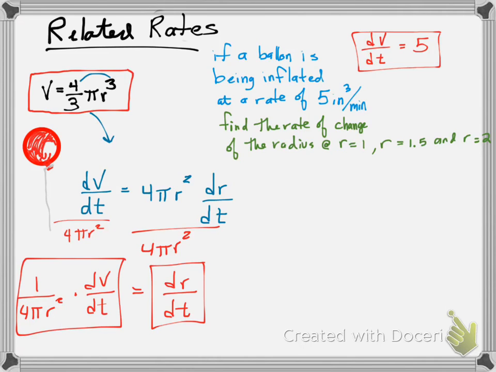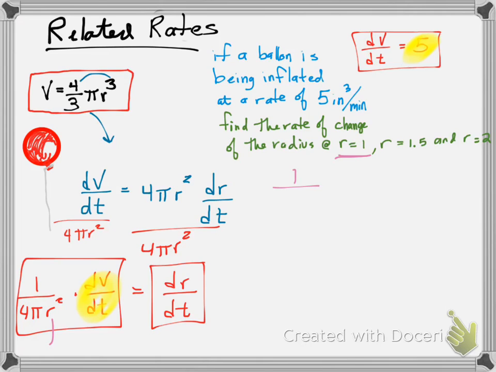And we got all this. Now we already know that dV/dt is equal to 5. And what we're looking to find out is what's happening when the radius is 1. So I could then plug in 1 for r.